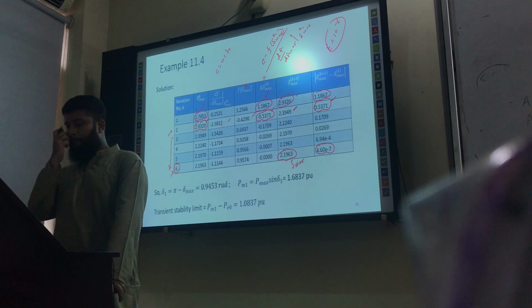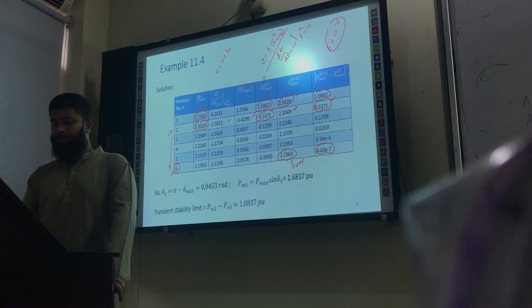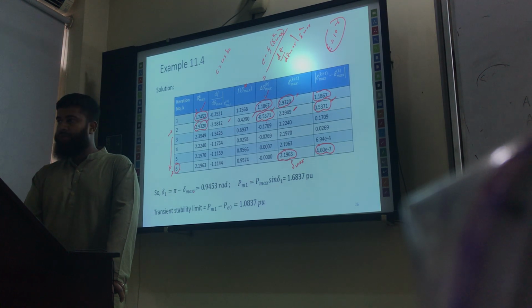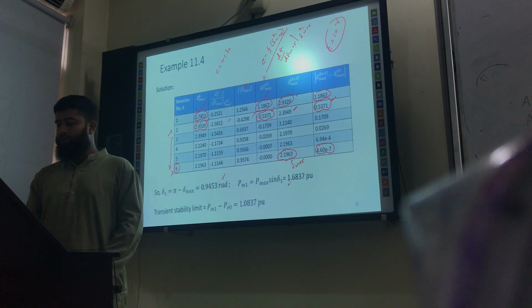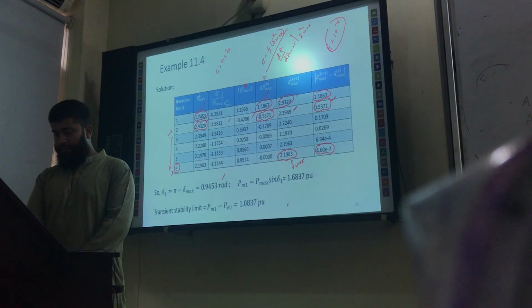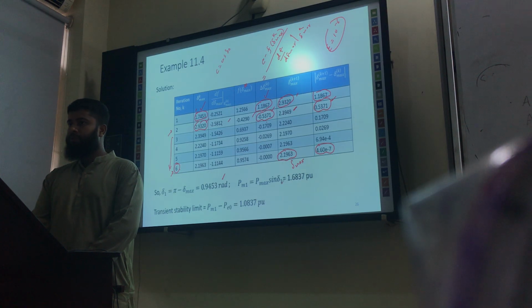Okay. Now if you know this value, you can calculate the delta 1 to pi minus delta max, right? This pi is 3.1416 minus 2.1963. It will give you this one. Okay. Now what will be the PM1? PM1 will be P max sin delta 1, or you can write P max sin delta max. The same thing, right? What is P max?